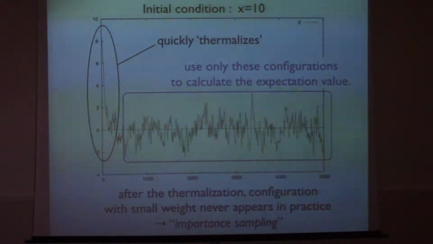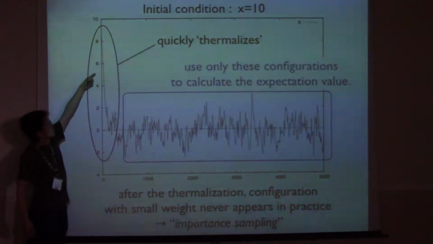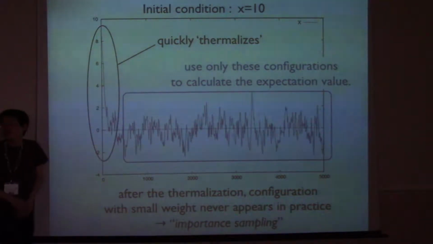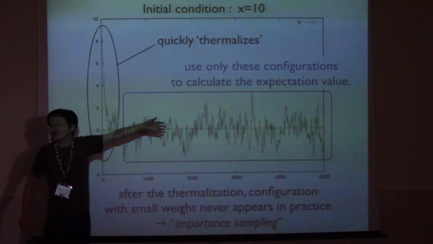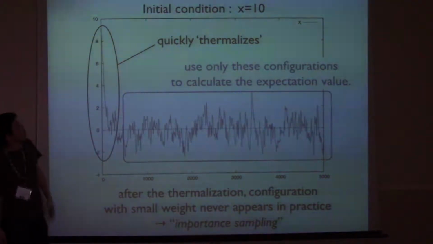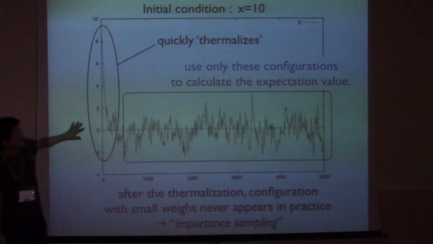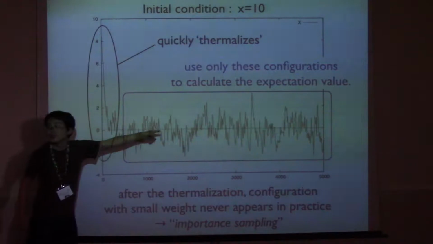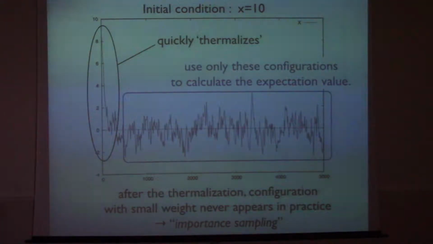So if you start with such a configuration, the chain just converges to important configurations and fluctuates around there. And then we can just remove this part and estimate the expectation value using these configurations. Then we get the right answer.